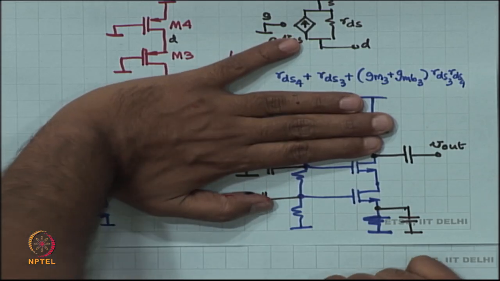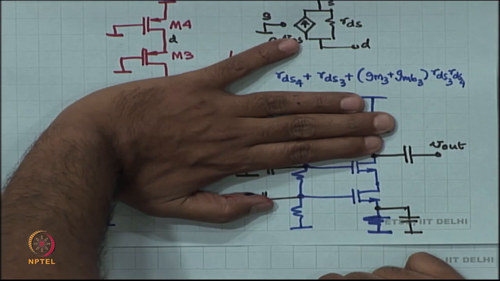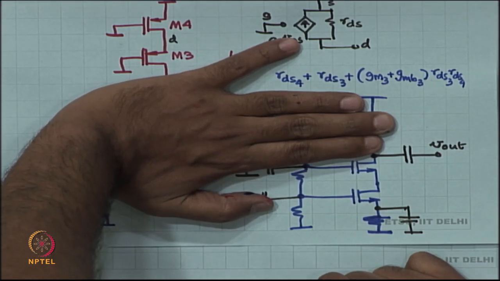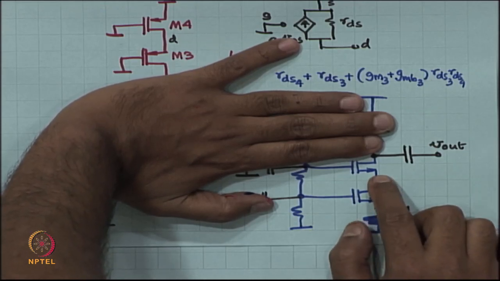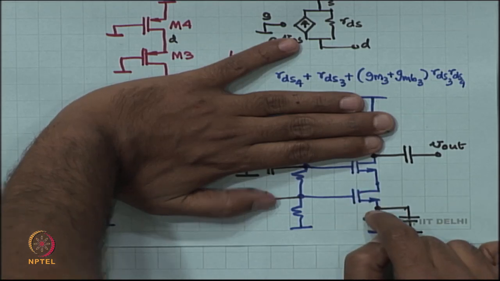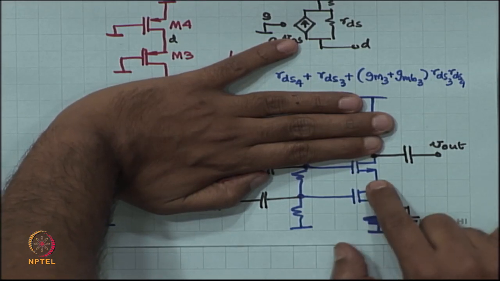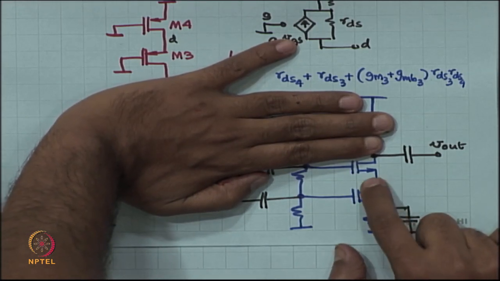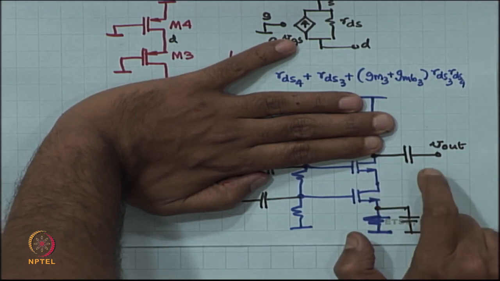Looking into the source of MOSFET number 2, you see a low impedance, therefore, the current would love to go into that node, go into the source. So, GM1 times VGS1, GM1 times Vin is the current generated in M1, that entire current, almost all of it goes into the source of the MOSFET number 2 and comes out through the short circuit.